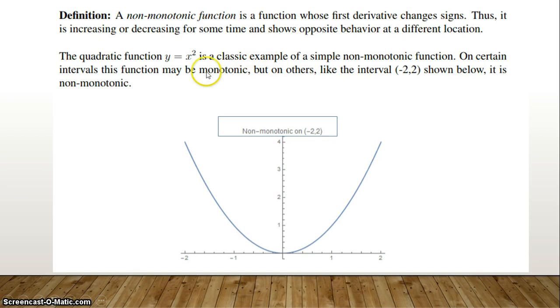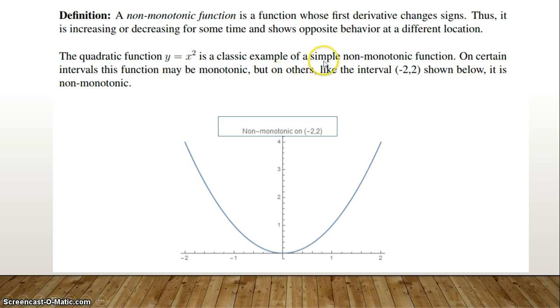The interesting characteristic is that it increases or decreases for some time, but it shows opposite behavior at a different location. At some cutoff region, after that it may change its behavior. For example, the quadratic function y is equal to x square. We know the pattern of y is equal to x square. It increases drastically.